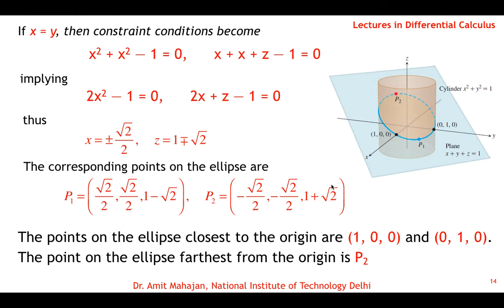You can see that the points 1 0 0 and 0 1 0 are the closest to the origin, and the point P2 that we got here is the farthest from the origin. We also got one point P1 which is neither closest nor farthest from the origin.